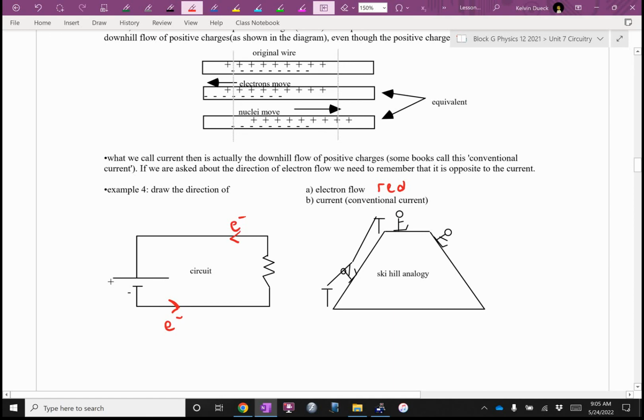Counterclockwise, if you know that, having grown up digital, I don't know if you know what clockwise and counterclockwise is, but conventional current, which I'm going to do in blue, would be from positive to negative. And the symbol for current is a capital letter I.